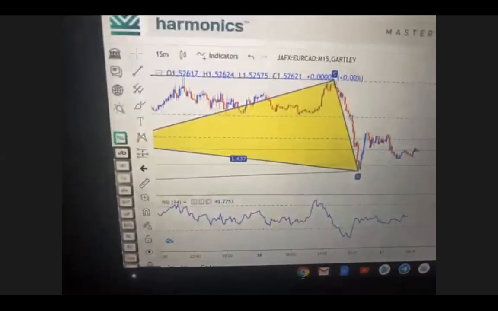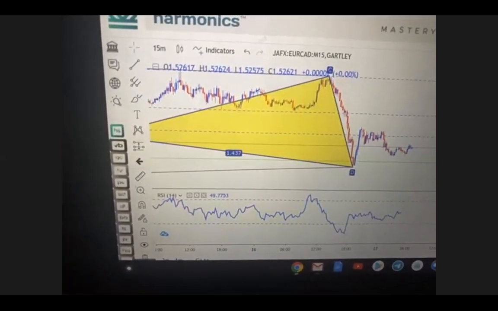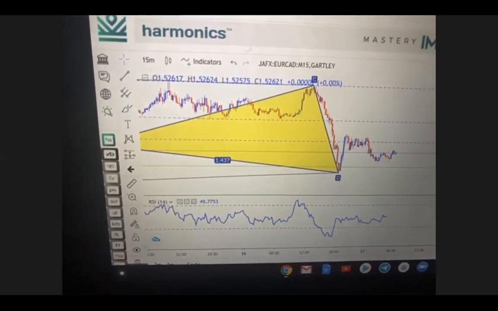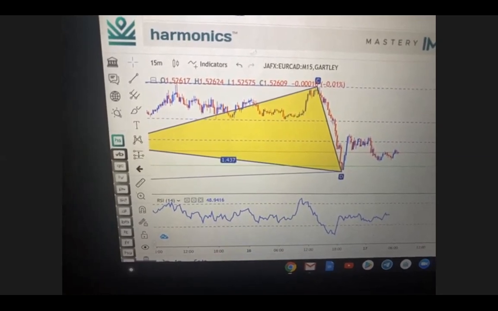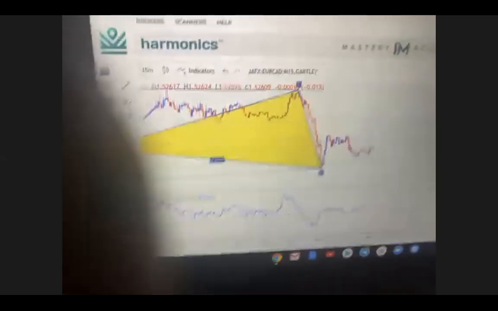So now what you can do is, okay, this is EURCAD. All right, go to your MetaTrader 4 app, go to EURCAD and hit buy.